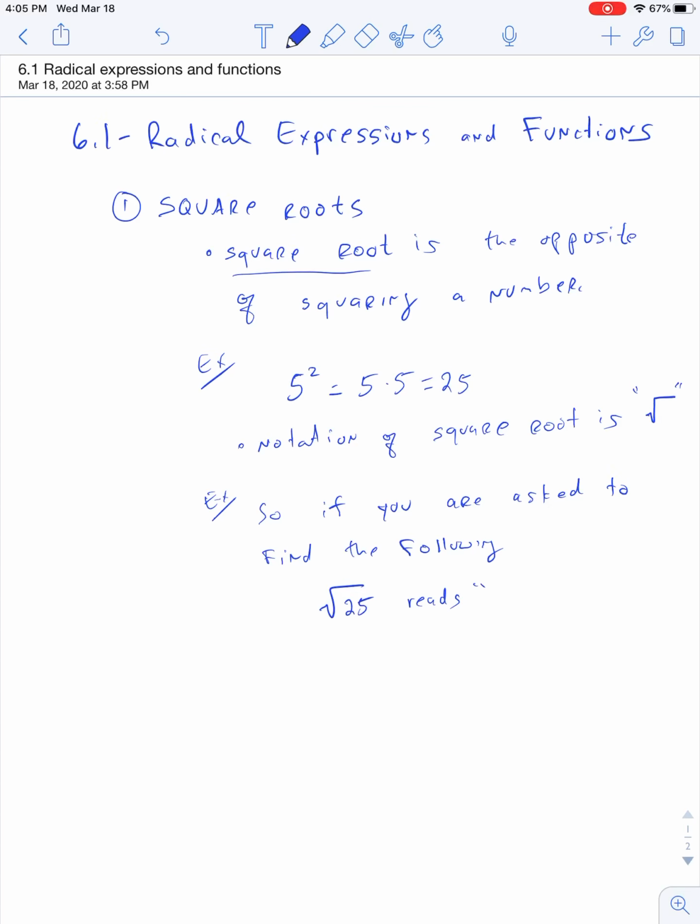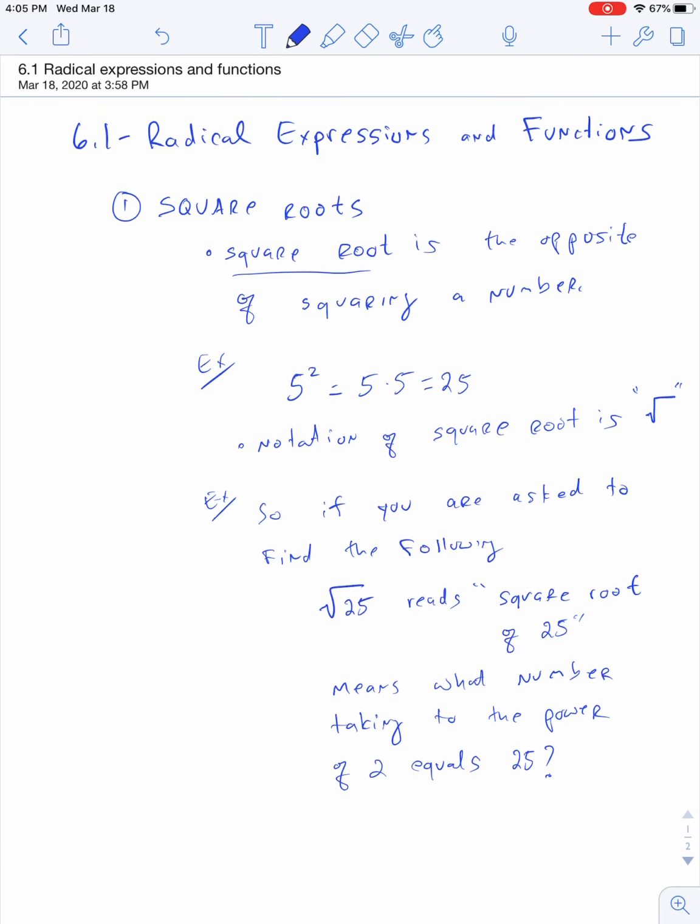This reads square root of 25, and it means what number taken to the power of 2 equals 25.